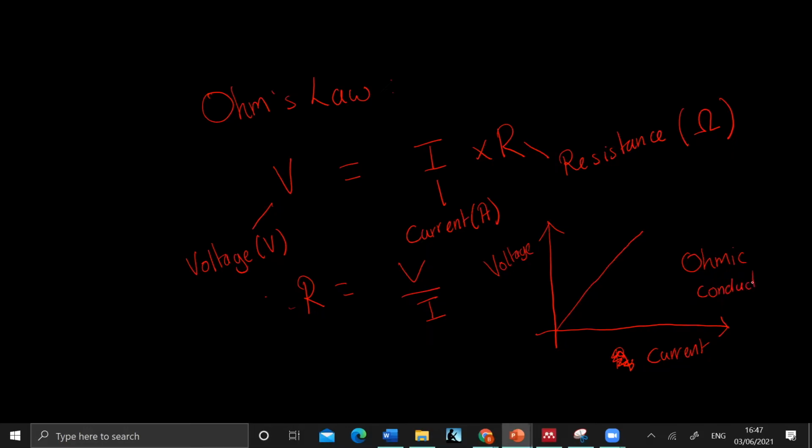Not all components are ohmic conductors. Voltage in this graph is proportional to current: the one goes up, the other one goes up. In real life, not that many components are ohmic conductors. Lamps and things aren't ohmic conductors. But in an exam, if you see a graph like that, it's an ohmic conductor.